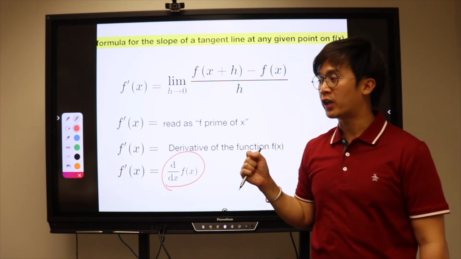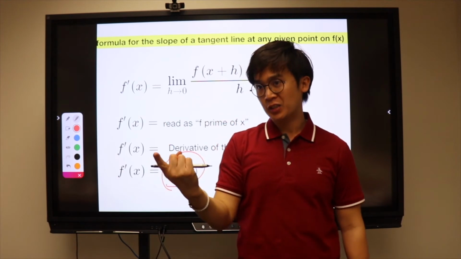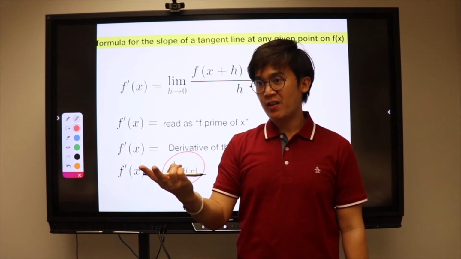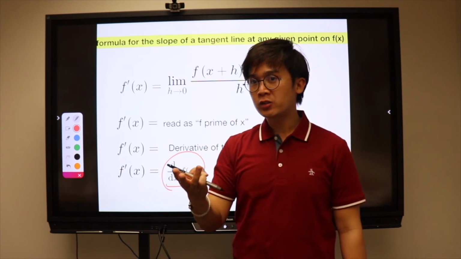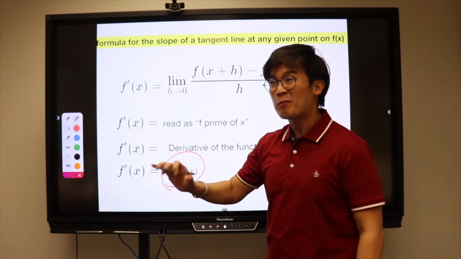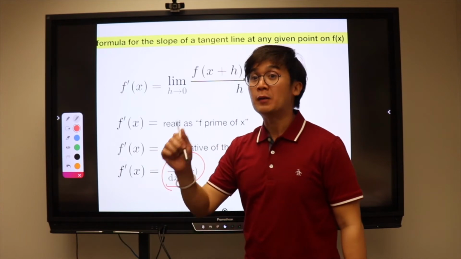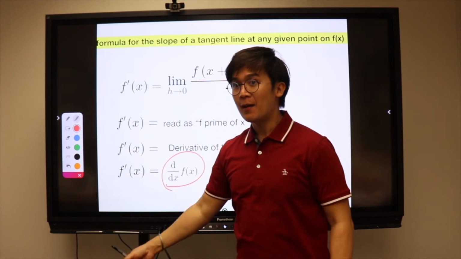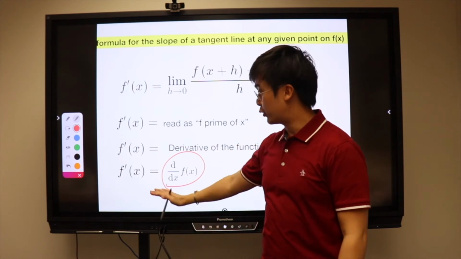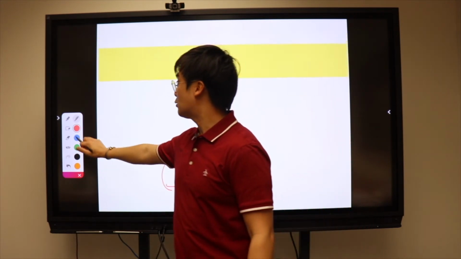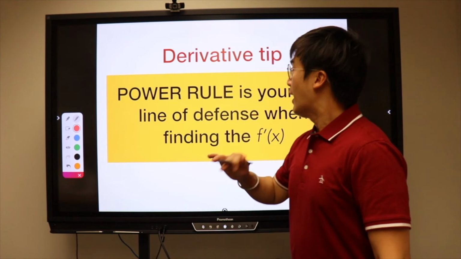Because once you work on implicit differentiation, partial derivatives, and differential equations, all those complicated derivative rules will be even more complicated because of those symbols. So as early as now, you need to make sure that you are acquainted with this symbol. So that's what we're going to be doing today.